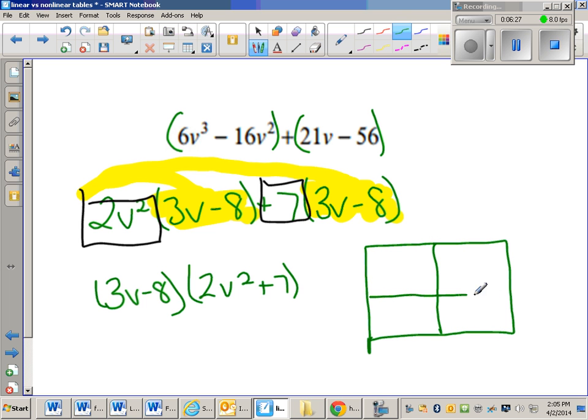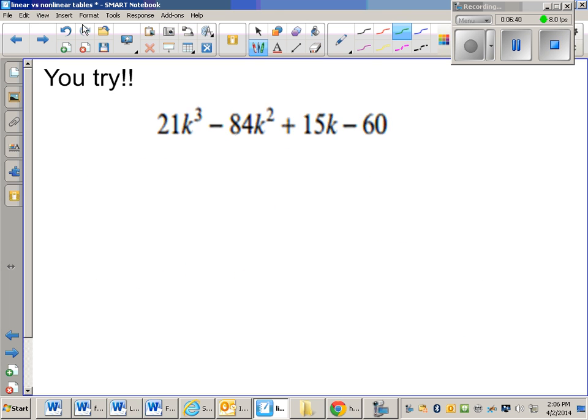You could plug in 3v and negative 8 and 2v squared and 7. And when you find all these areas, you will indeed get your original problem back. All right, so you try this one. I want you to pause the video and try this problem. And then once you have it finished, you can check back and check your answer.